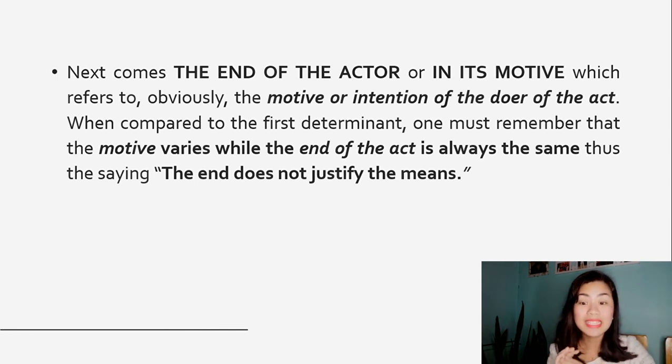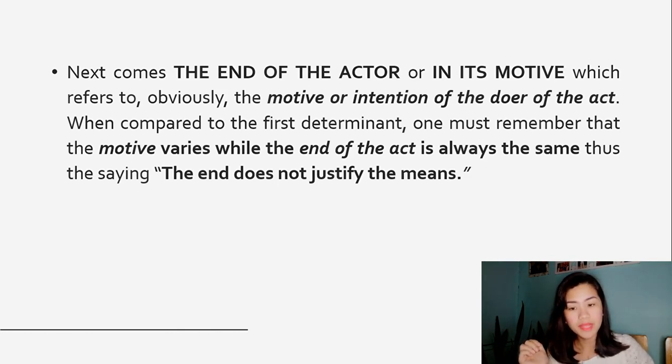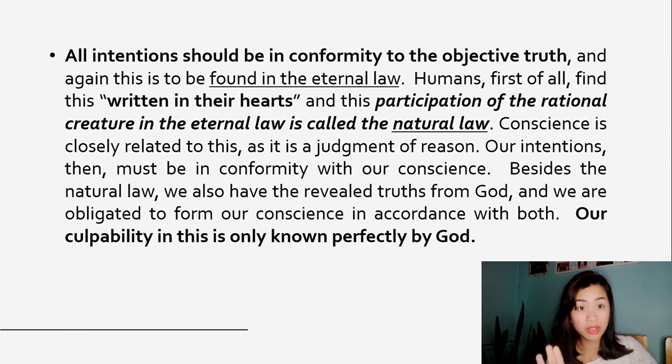Thus the saying, the end does not justify the means. All intentions should be in conformity to the objective truth, and again, it is to be found in the eternal law. Humans, first of all, find this written in their hearts, and this participation of the rational creature in the eternal law is called the natural law.